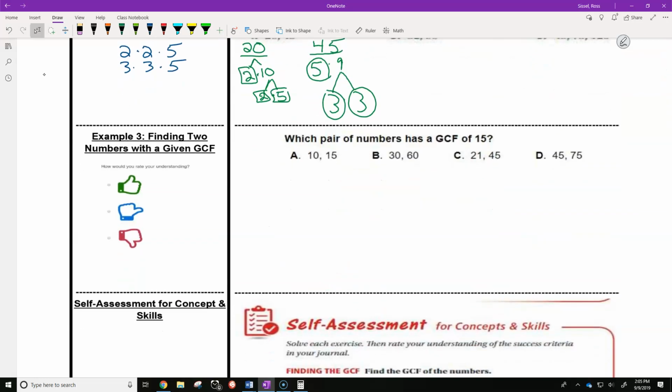Step 3 is in orange. What is my CPF, my common prime factors? Chris, what do you think is the common prime factor?